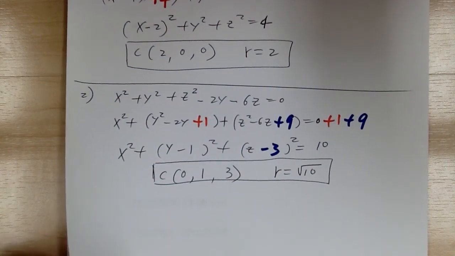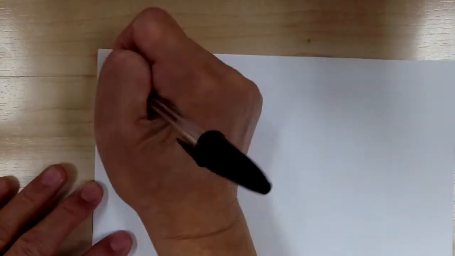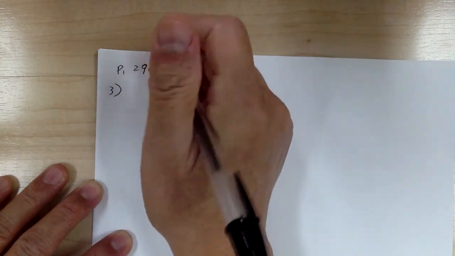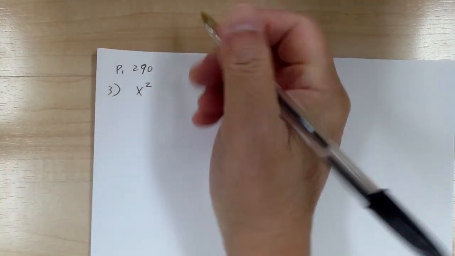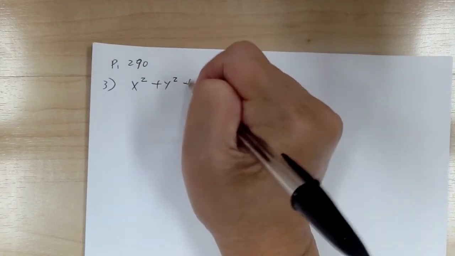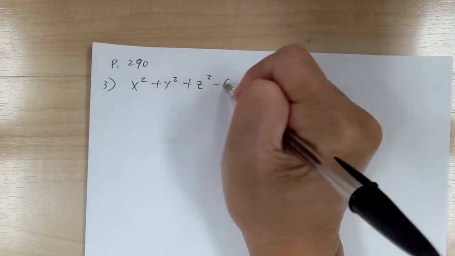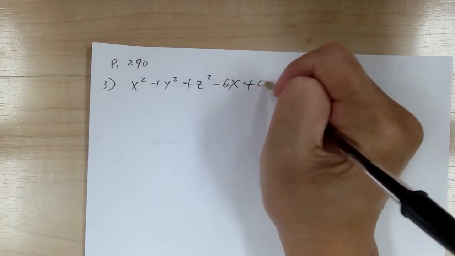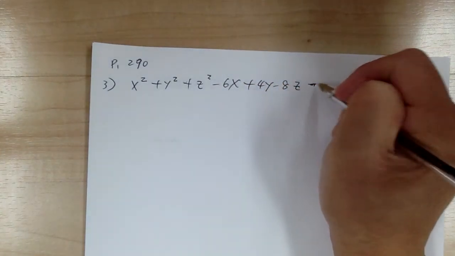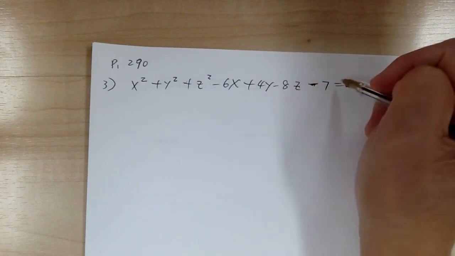Okay, let's go to number 3. You have x squared plus y squared plus z squared minus 6x plus 4y minus 8z minus 7 equal to 0.